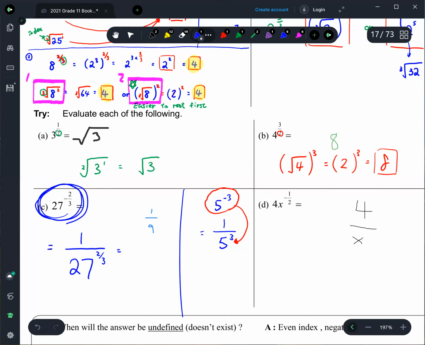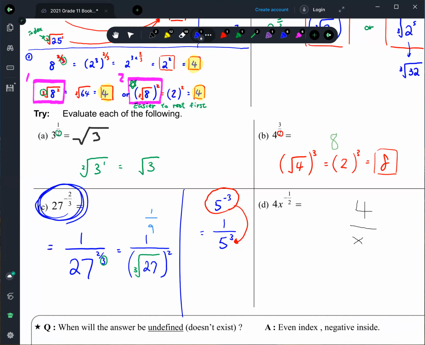So now you just focus on the denominator. Okay, for the denominator, the exponent has a 3 at the bottom, right? So 3 goes out. So that gives you cube root. Okay, and then 27 squared. So we don't want to do the square first, right?